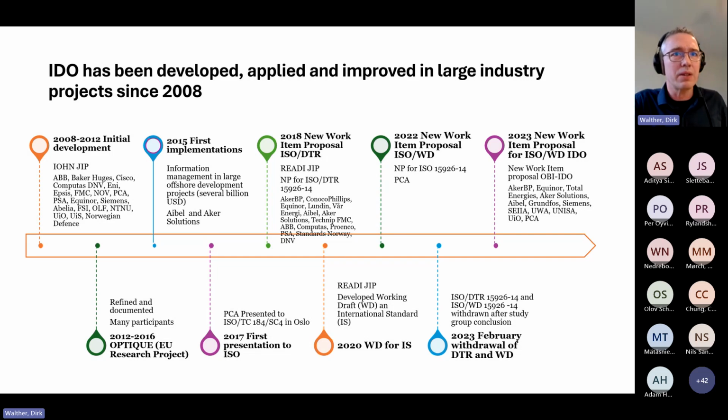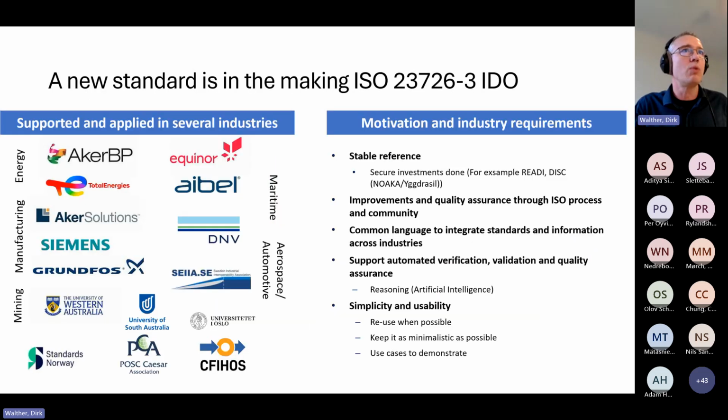And after the conclusion of a special ISO study group, the IDO, so the technical report and the working draft were withdrawn from ISO, and a new standard series even was proposed. And this is where we are at the moment.